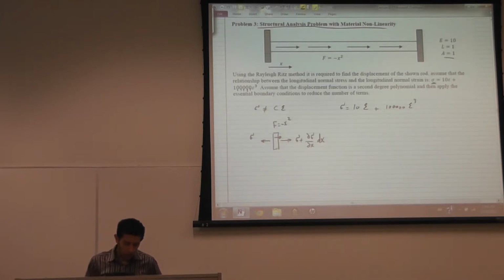The equation of equilibrium is partial sigma by partial x minus x squared equaling 0, which means partial sigma by partial x is equal to x squared.